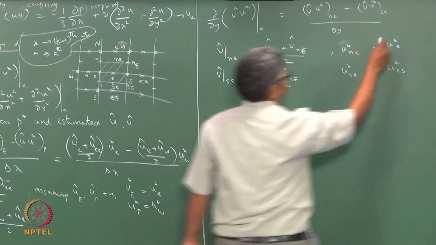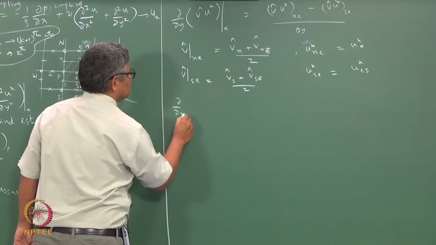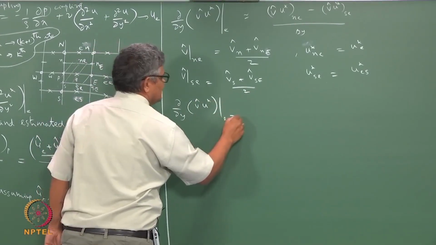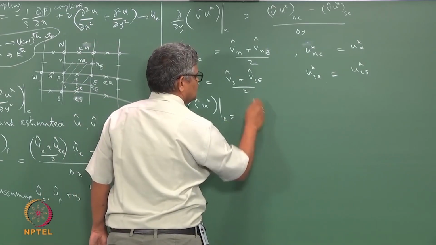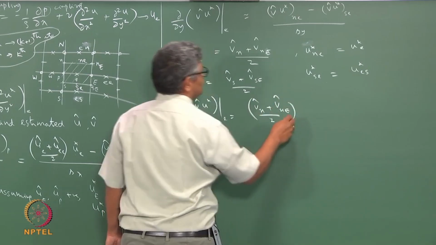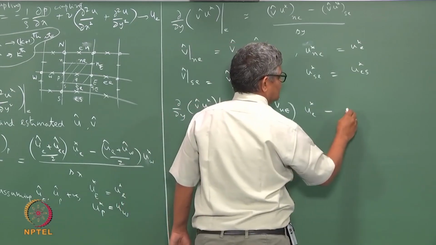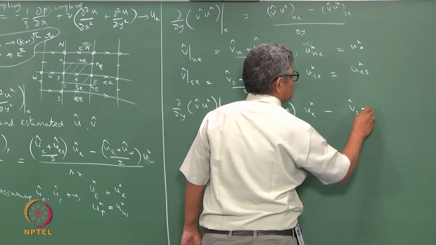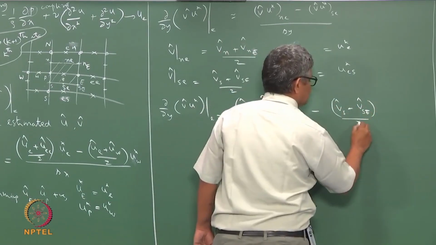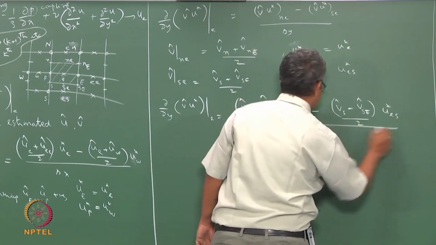So with this we can write dou by dou y of v prime u star at es as vn plus vn capital E by 2 times ue star minus vs plus vs capital E divided by 2 times u es star, divided by delta x.